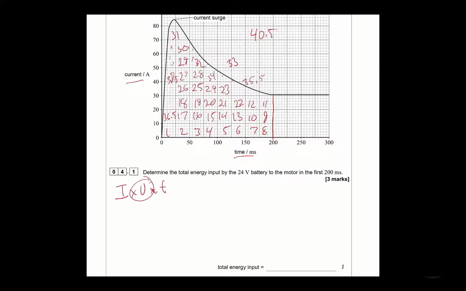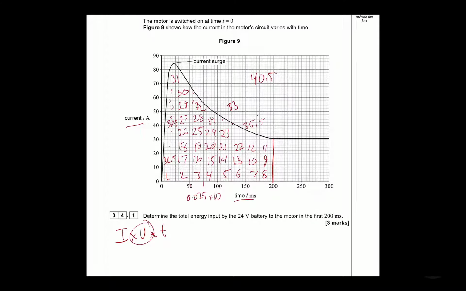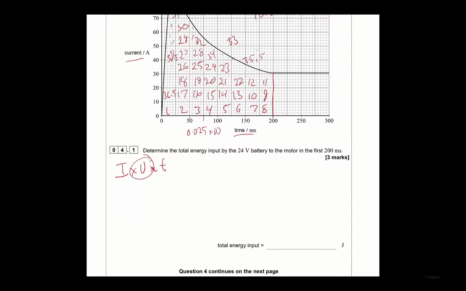Each box is 0.025 seconds and 10 amps. Good Lord, that's a lot of current.